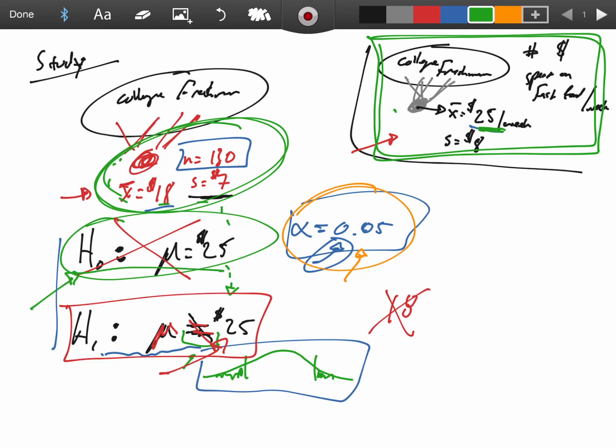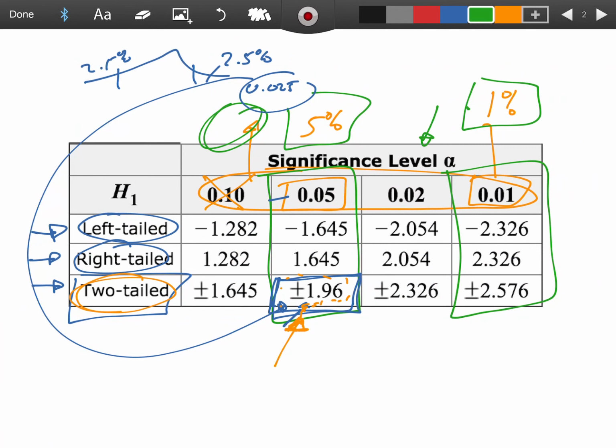I pick a null hypothesis. I choose an alternative hypothesis, and this is the thing that I actually believe. I set a significance level. I then use that significance level to find my critical value. We ended up choosing this one because we were at 5% in a two-tailed test.